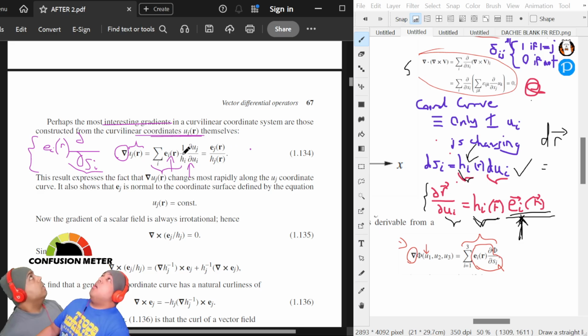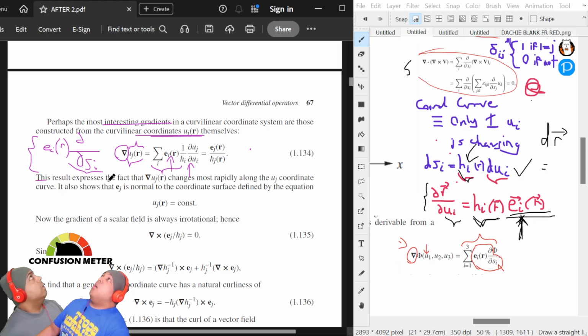We already went through all the e_i(r). e_i, u_j. Are those constructed? e_j(r). We started off with u_j(r). Well, let me just read.